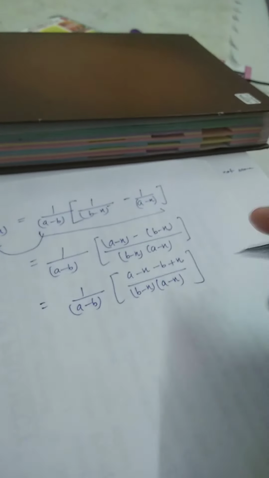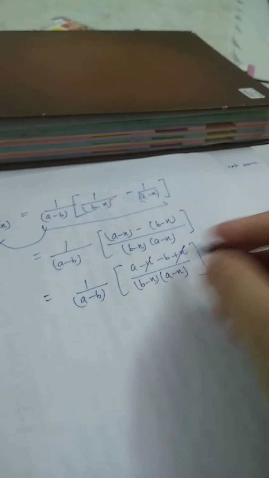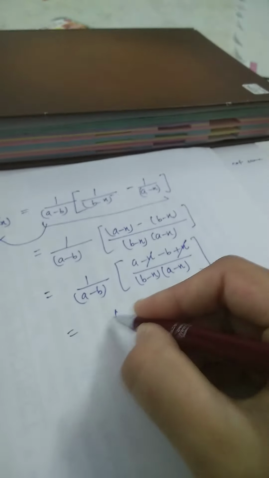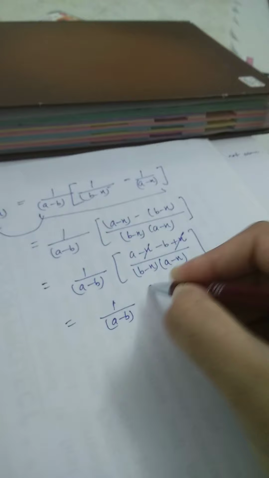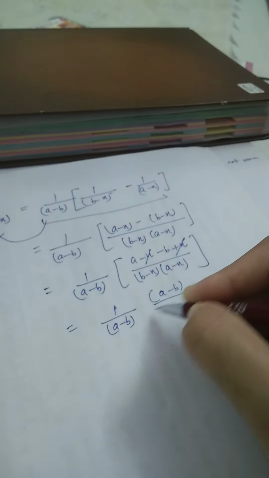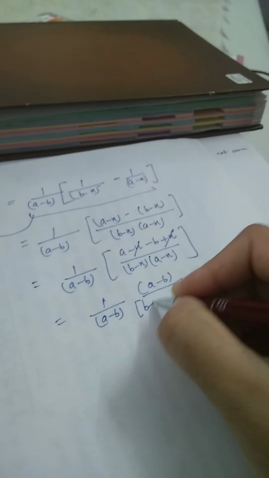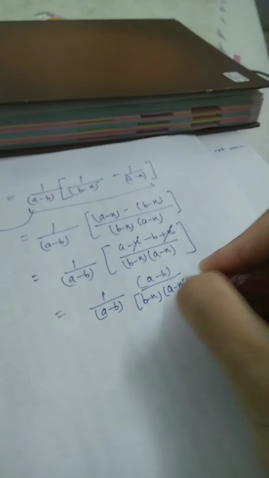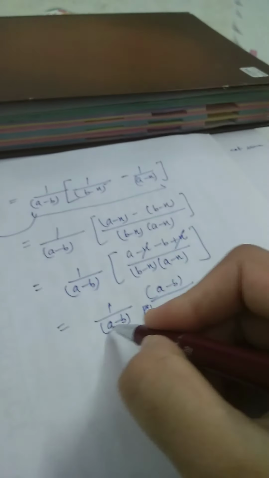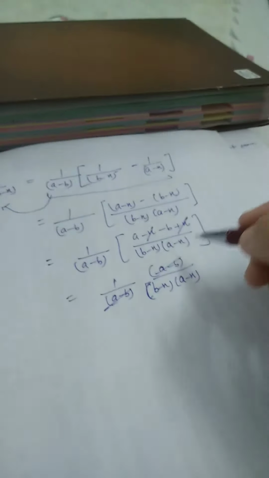You can clearly see the negative and positive x cancel out, and in the numerator we get a minus b, divided by (b minus x) into (a minus x). This a minus b and the a minus b outside cancel out.